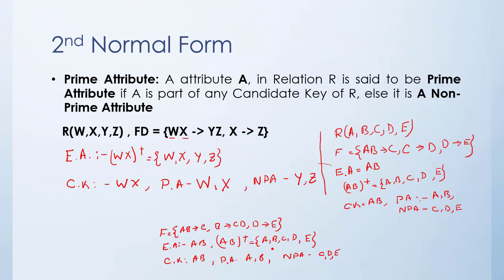We are going to see some more examples of this when we discuss the second normal form, the 2NF. So let us go to the definition of the second normal form.